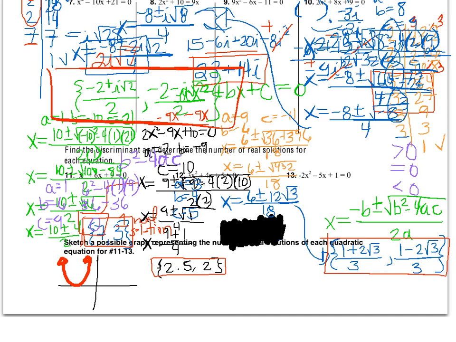So plugging that in, we're going to say 4 squared for B squared minus 4 times A times C. So 4 squared is 16. 4 times 3 is 12, and 12 times 5 is 60. So 16 minus 60. So we get a negative 44. 16 minus 60 is negative 44. And again, we're saying this is our discriminant.